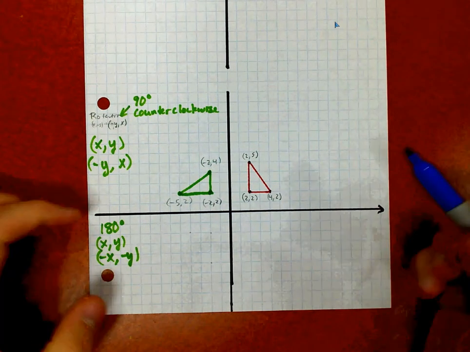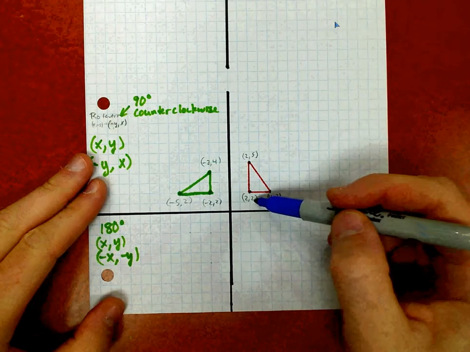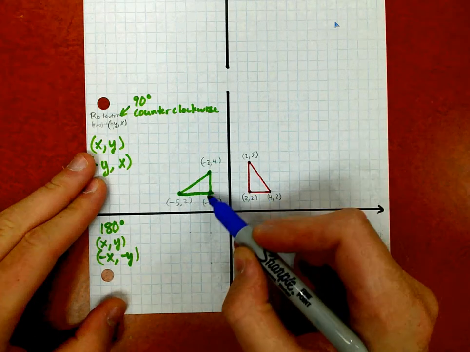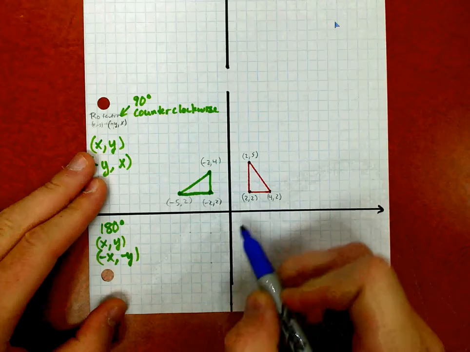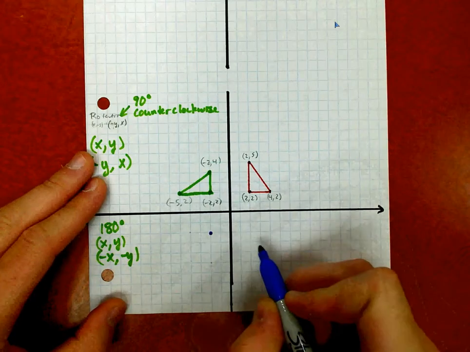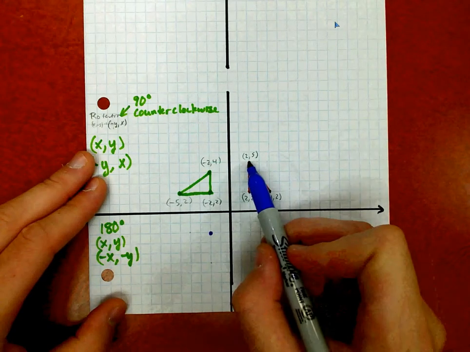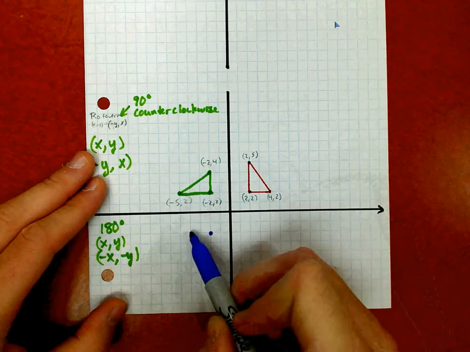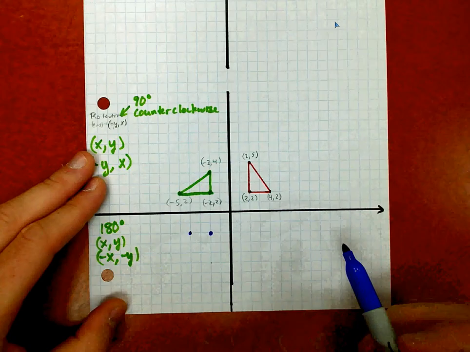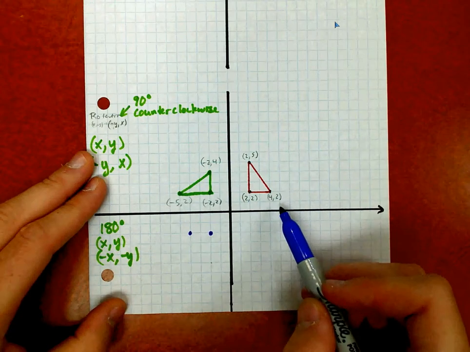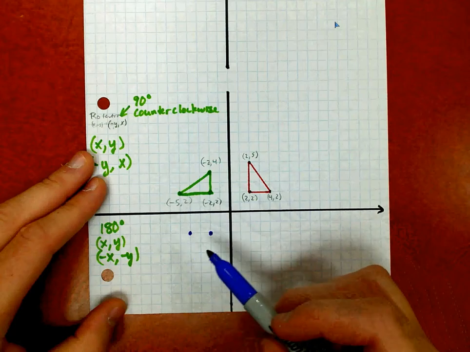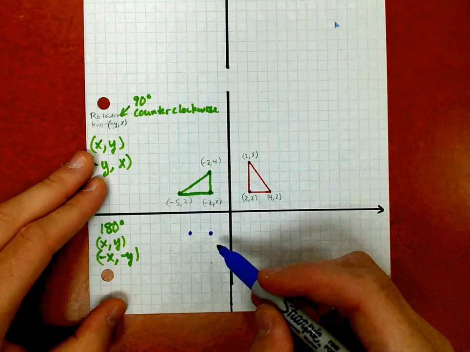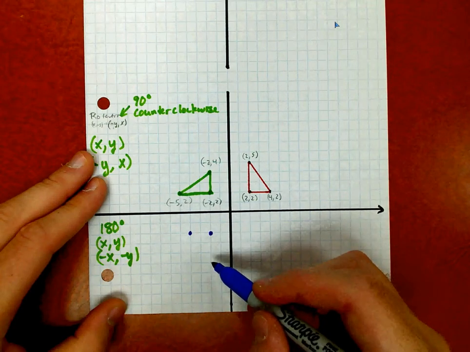So let's start by rotating 2, 2, 180 degrees around the origin to negative 2, negative 2. While 2, 5 rotates to negative 2, negative 5. And 4, 2 will rotate 180 degrees to negative 4, negative 2.